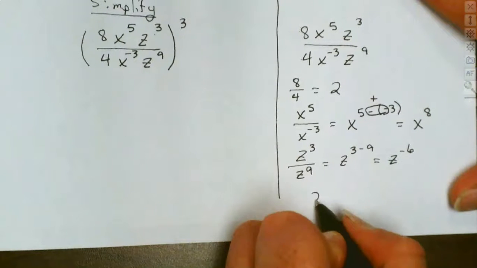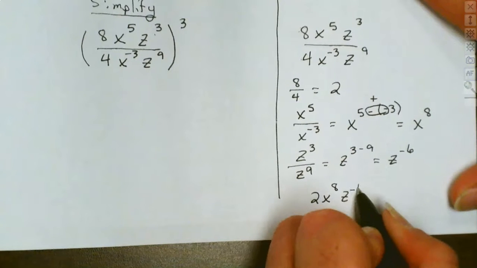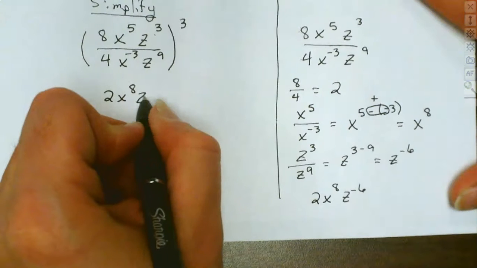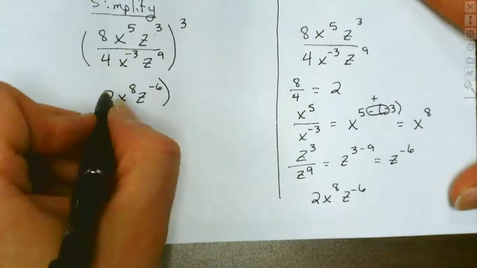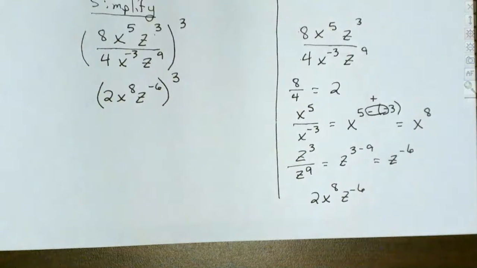We are left then with the 2 x to the 8th z to the negative 6th power. Now you could go ahead and get rid of that z to the negative 6th power now and make it a fraction. I usually do not do that. What I usually do is get rid of the negative exponents that very last step. So I usually save it until the very end. So we broke down everything inside of the parentheses there, one piece at a time.